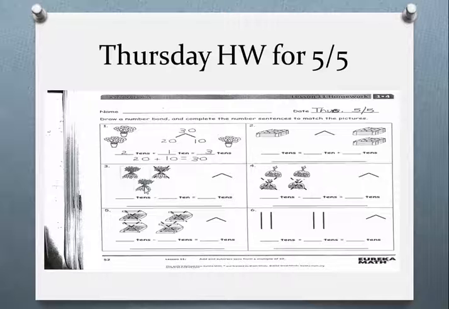So 10, 20, 30, 30 should be written on the bottom, but 3 tens should be written on the top. And next you're going to take away 1 ten. So 1 should be written here, and then 10 should be written on the bottom, because 1 ten is 10.